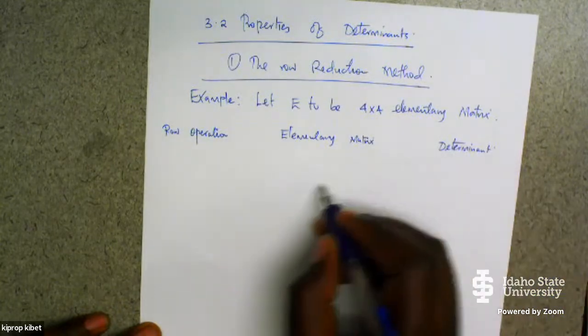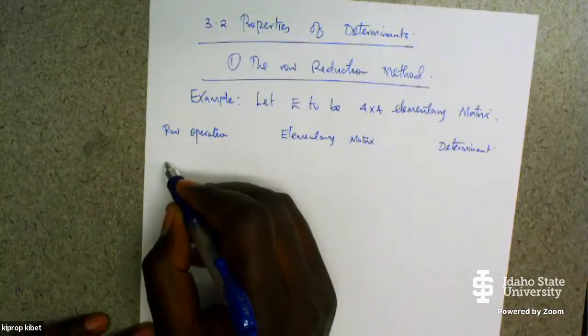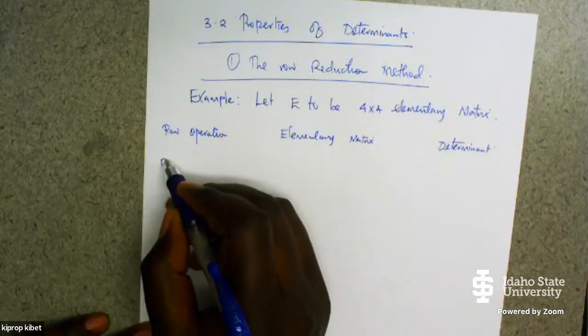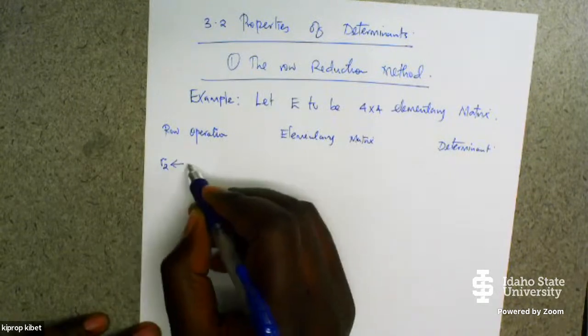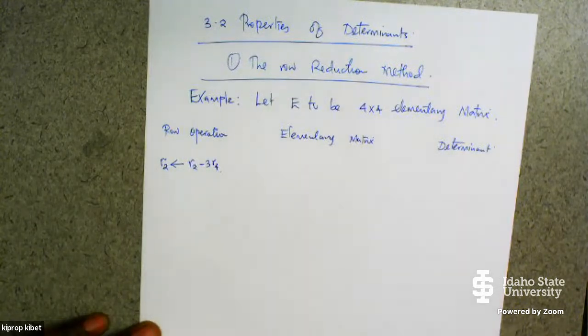The first one: let's take, for instance, R2 becomes R2 minus 3R4.